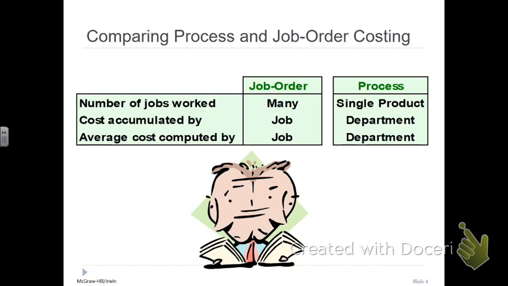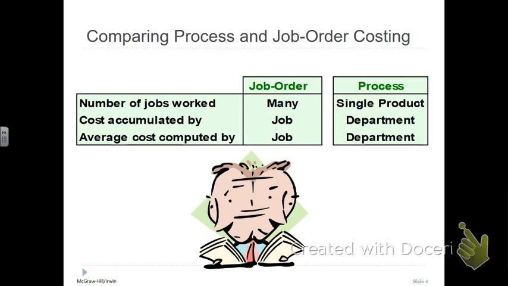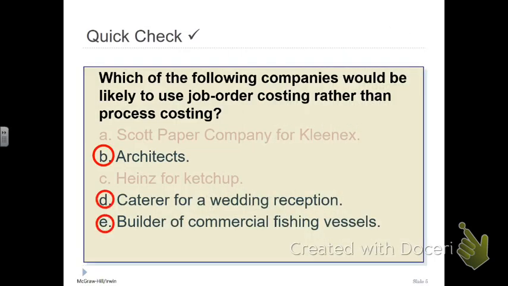So job order costing is where a lot of different jobs are worked and costs are accumulated based upon the job. In process costing, it's going to be a single product and costs are collected based upon the department. If we're looking at job order costing, I already talked about lawyers' offices and architect offices.